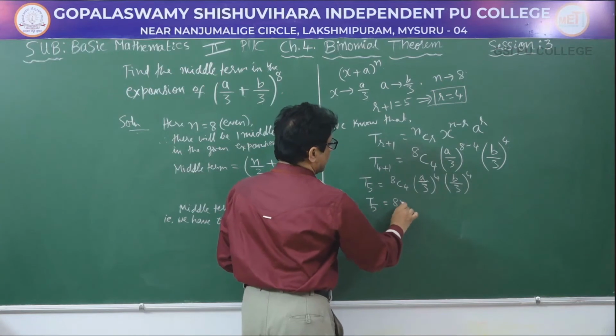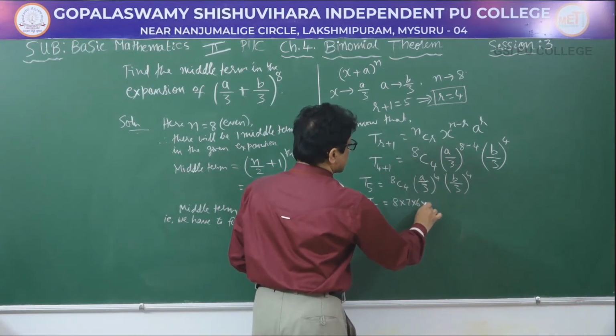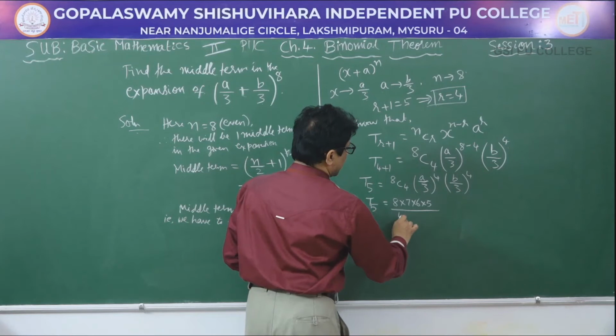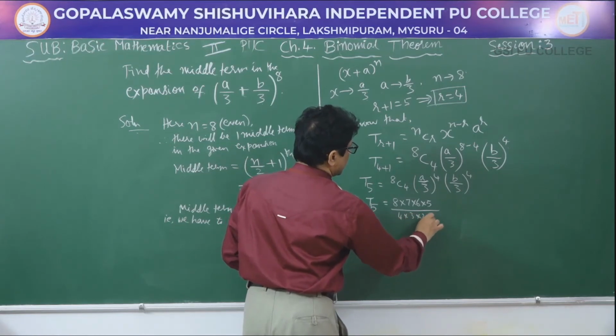T5 is equal to 8 into 7 into 6 into 5 divided by 4 into 3 into 2 into 1.